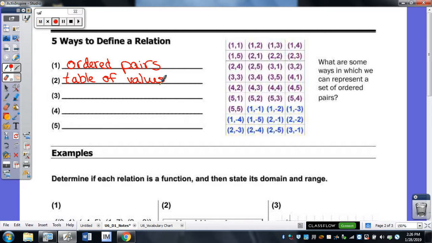That is another way to be able to show our relations. You can actually graph them on an x and y axis. It's another way to show our relations. Equations and function rules.